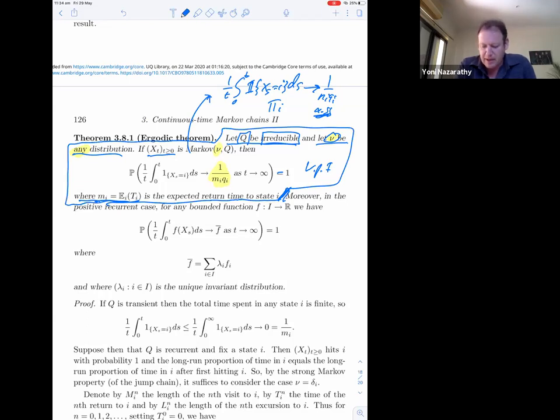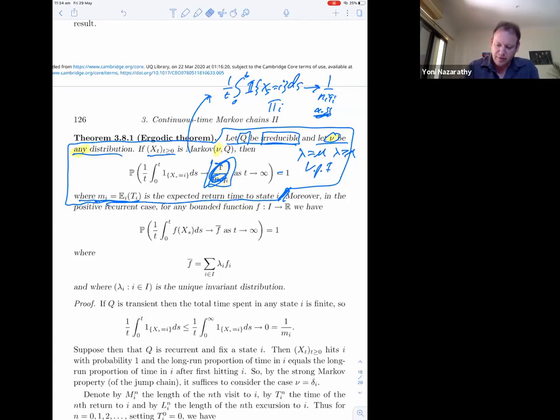But it could have been not. This would also have held for an M/M/1 queue with lambda equals mu, or even lambda greater than mu, in which case m_i is going to be infinite, and this means converging to 0. That's what they mean here, generally, that this is 0.